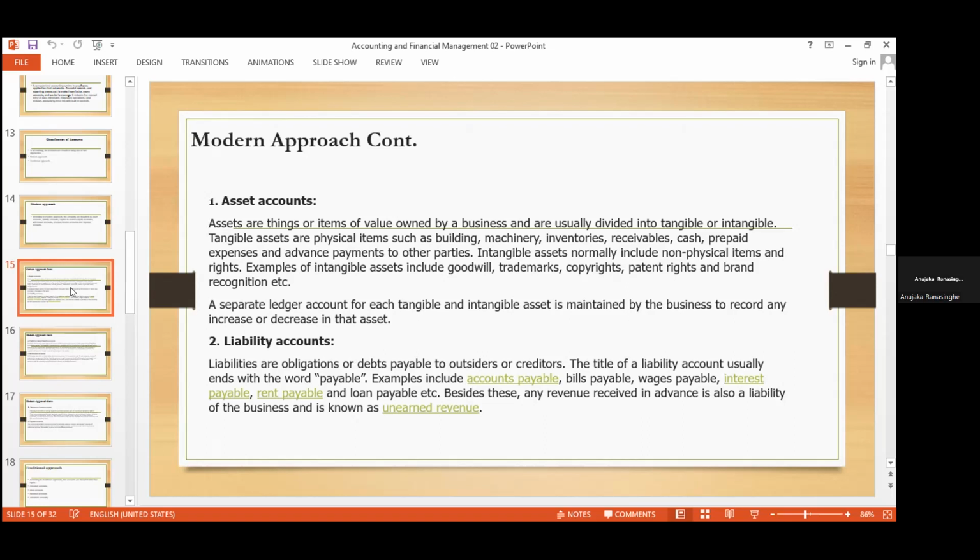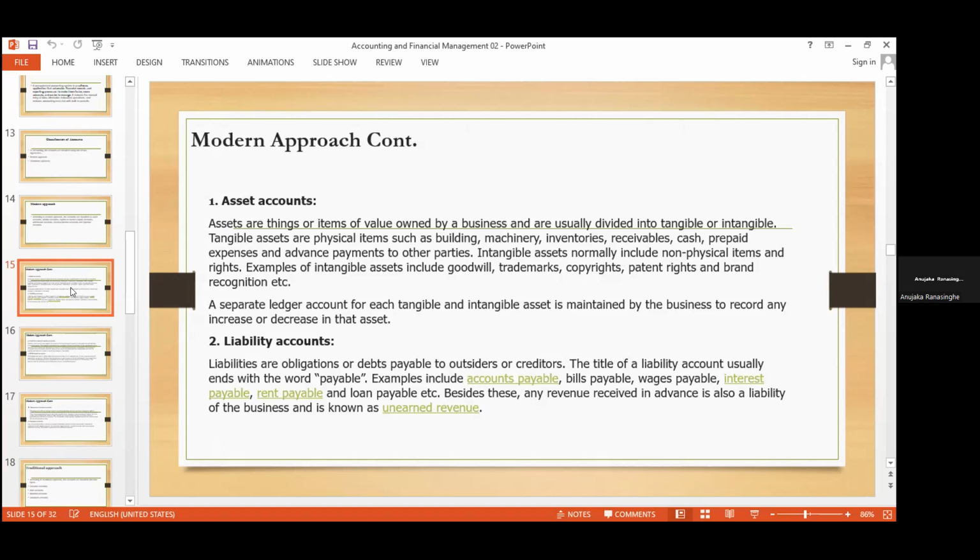A separate ledger account for each tangible and intangible asset is maintained by the business to record any increase or decrease in the assets. That is the modern approach system.